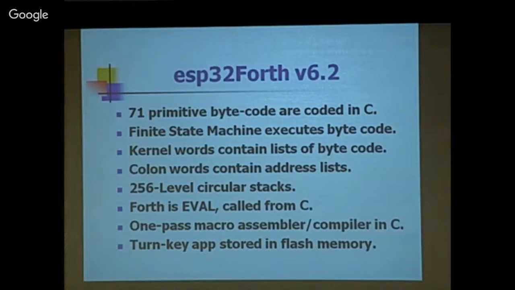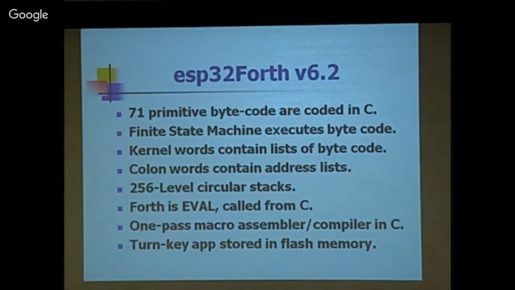So I'm using 71 primitive bytecodes, and many of them are not used because they are not needed. But I have allocated that many bytecodes. So I have a finite state machine which executes bytecode or bytecode sequences in memory. And I have kernel words which contain a list of bytecodes.